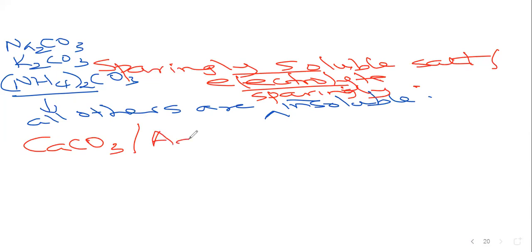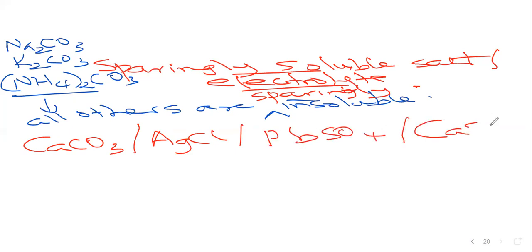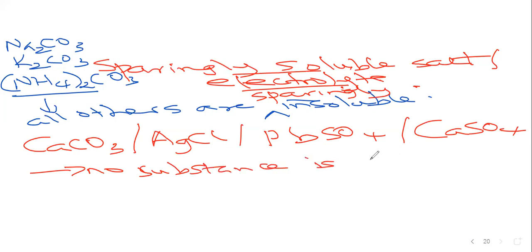So all these salts, the calcium carbonate, the silver chloride, the lead(II) sulfate, the calcium sulfate, are sparingly soluble. Actually, there is no substance that is completely insoluble in water. That's what studies show. There is no known substance that is completely insoluble in water.